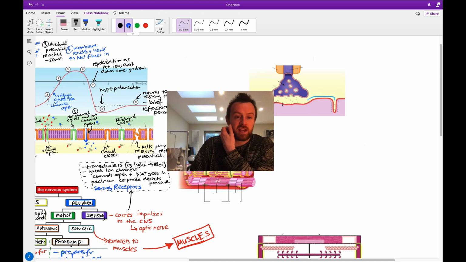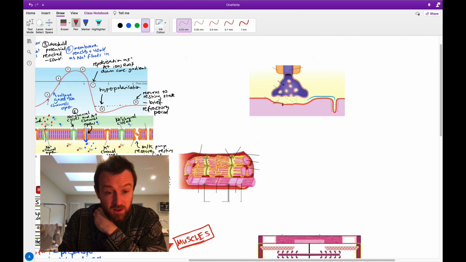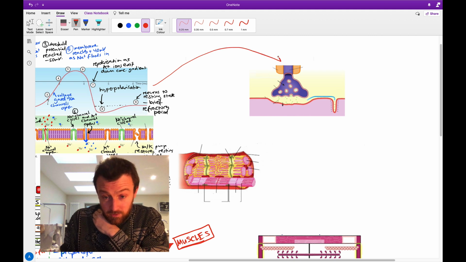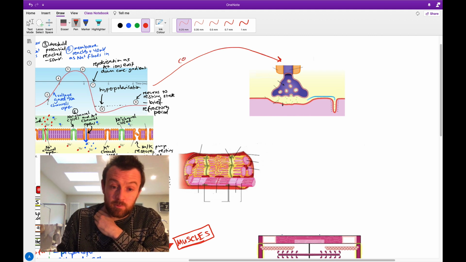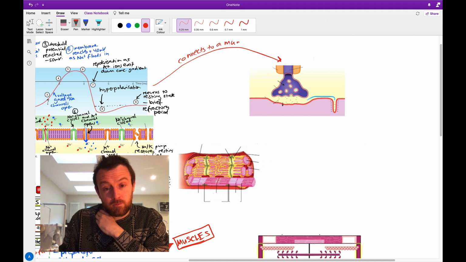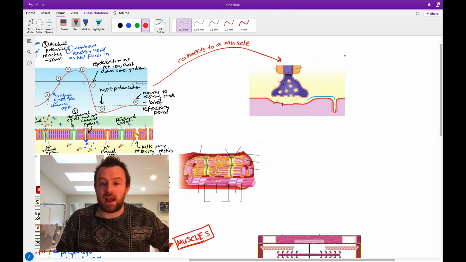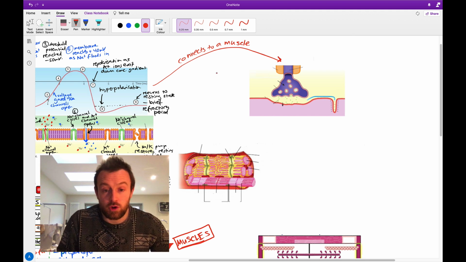So we could actually draw over here from this action potential, we could sort of go over here, connects to a muscle. If a nerve connects to a muscle, we have this, which is called the neuromuscular junction.